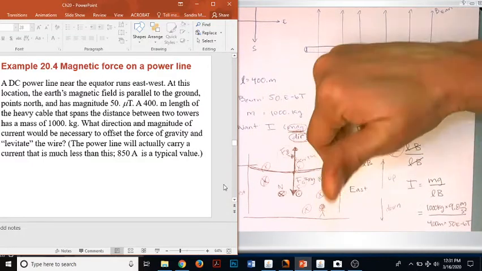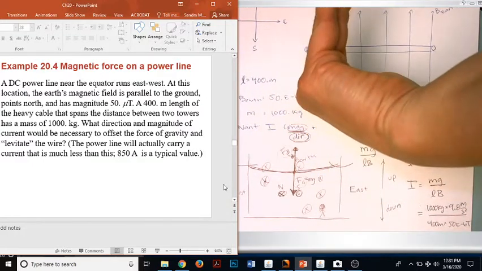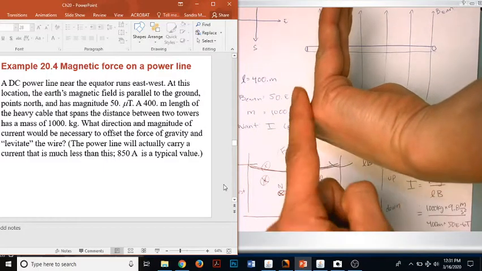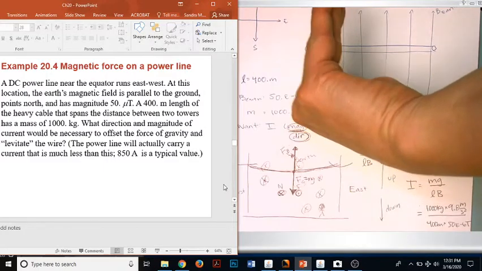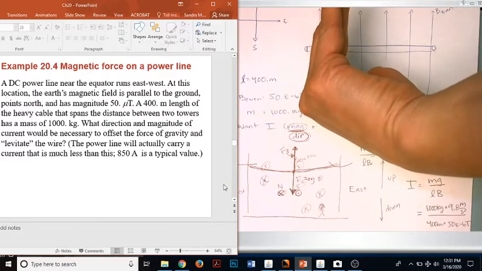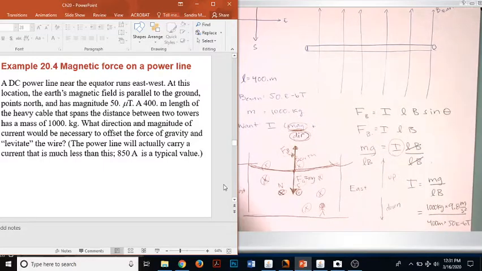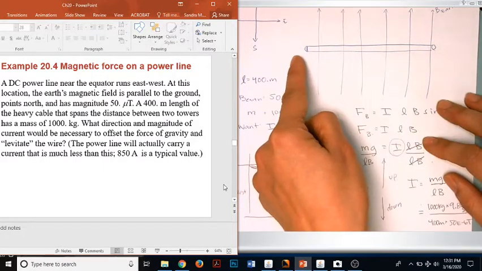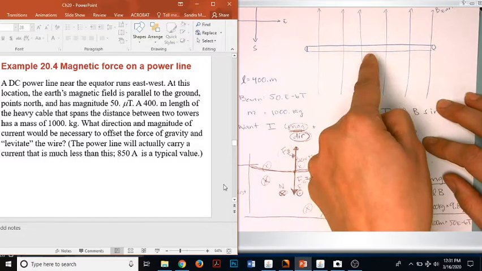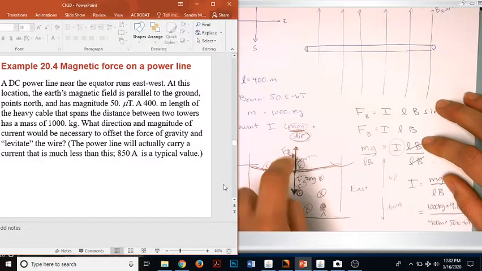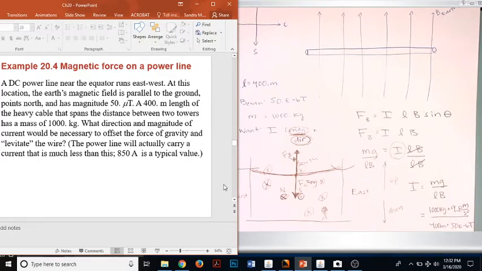So I'm going to rotate this like that, and now I see my palm points to the west, my fingers point to the north, and my thumb is pointing into the page, which is down. So if the current is going to the west, then there would be a magnetic force which points down. That is not what we want, right? We don't want the magnetic force to point down. We want the magnetic force to point up. So let's try it the other way.